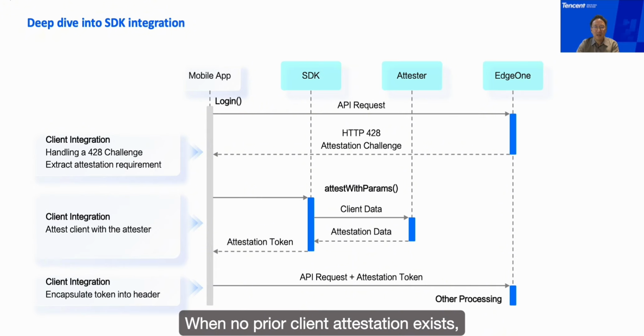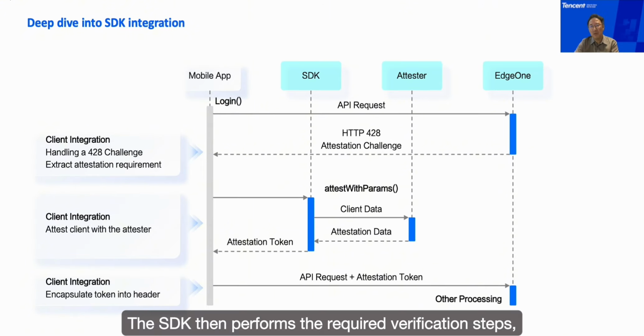When no prior client attestation exists, EdgeOne returns an HTTP 428 challenge. The client must read this challenge, extract the instructions, and trigger the SDK accordingly.